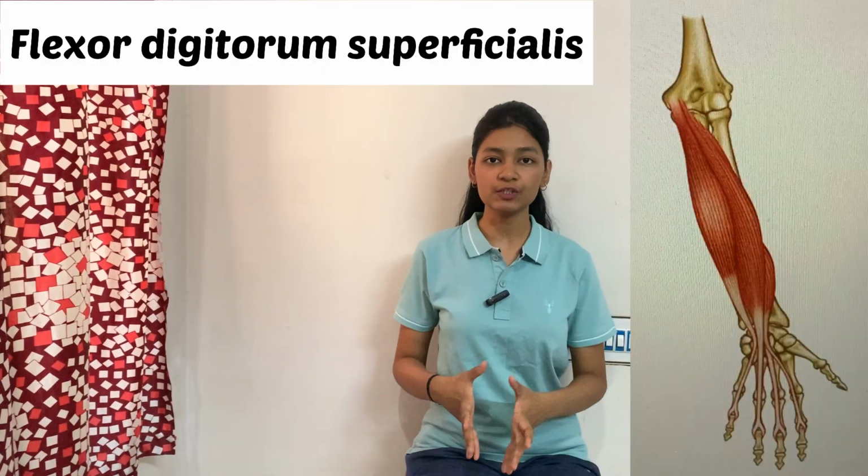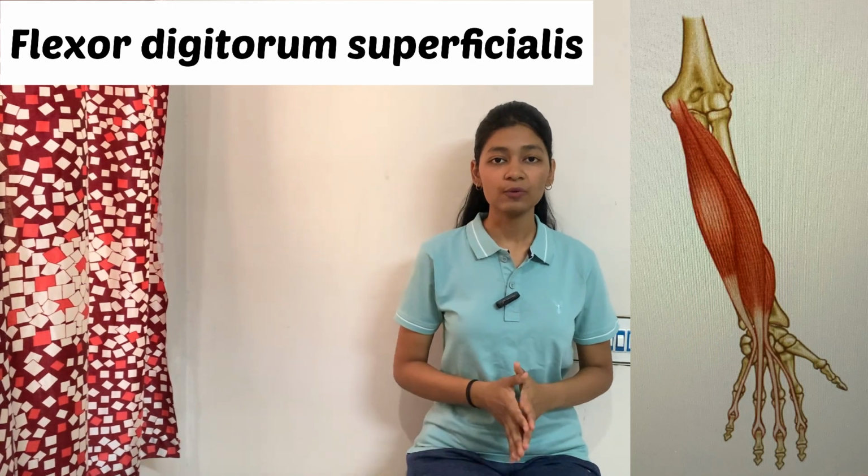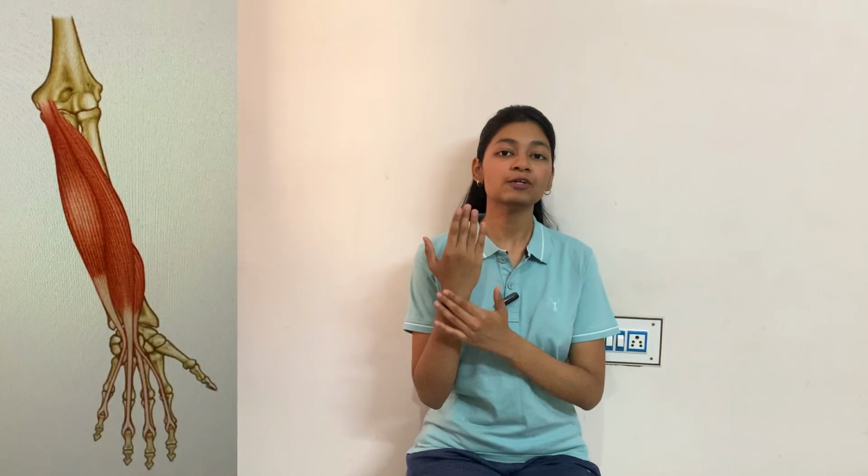Now the next extrinsic muscle is flexor digitorum superficialis. At the wrist joint, it helps in flexion of the wrist joint.